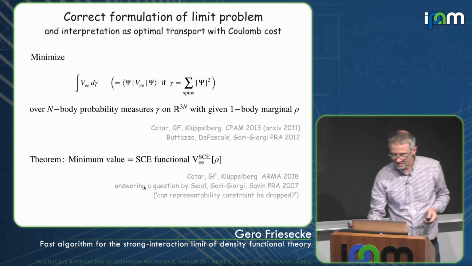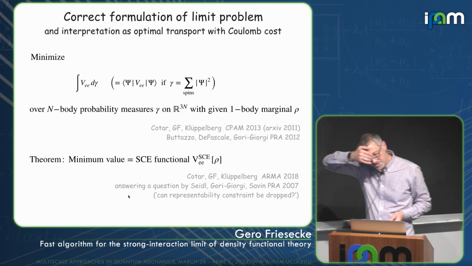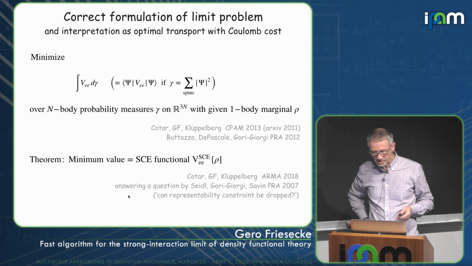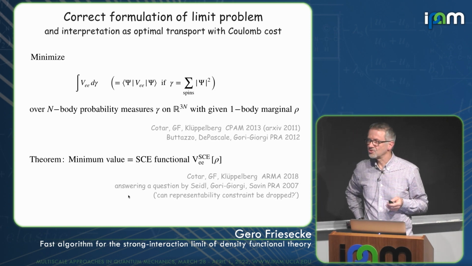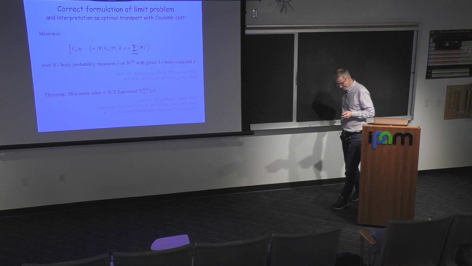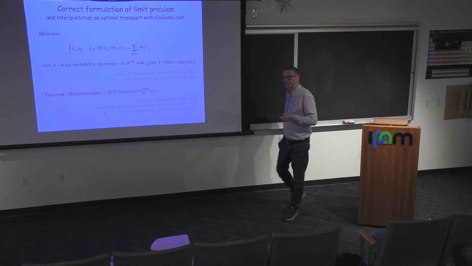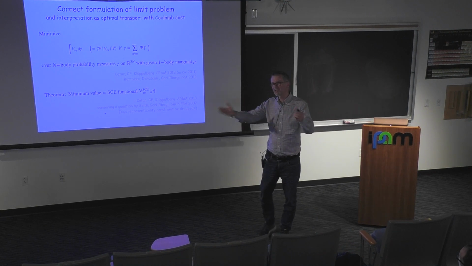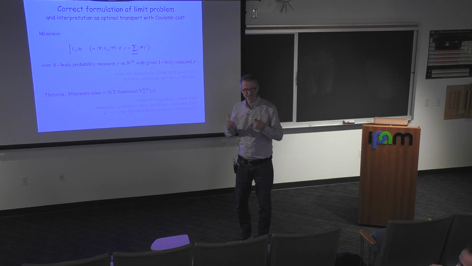That was in part motivated by a nice article by Seidel, Gori-Giorgi, and Andreas Savin, who is also in the audience. Andreas, we should appoint you an honorary mathematician, unless you're embarrassed by this title and want to hide it.